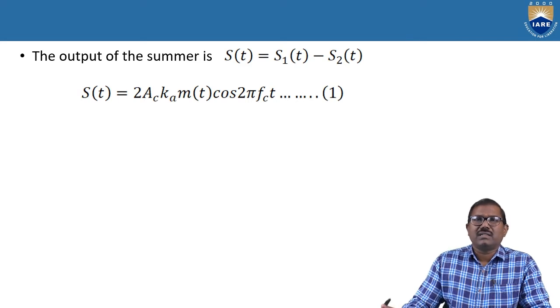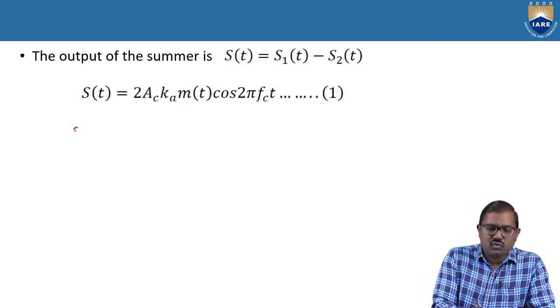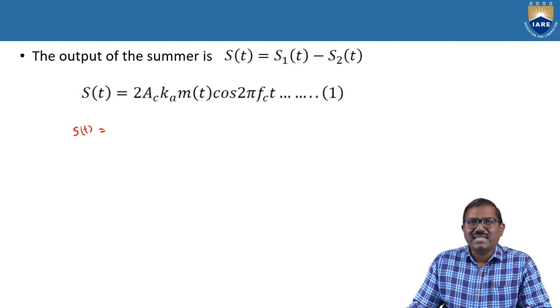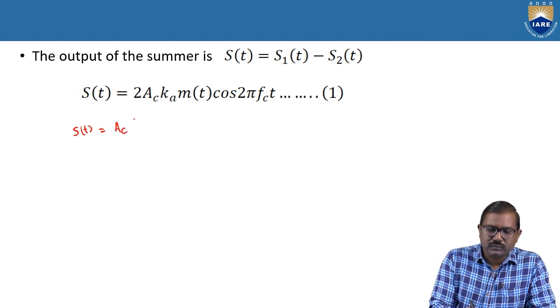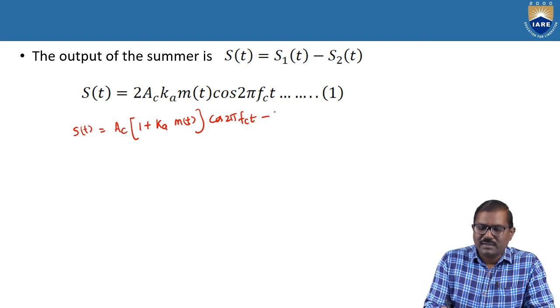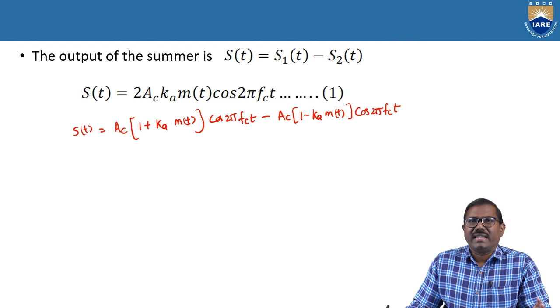Let us write out s1 of t and s2 of t. s of t equals Ac of 1 plus Ka m of t cos 2 pi fct, this is our s1 of t, minus Ac of 1 minus Ka m of t cos 2 pi fct, this is s2 of t.